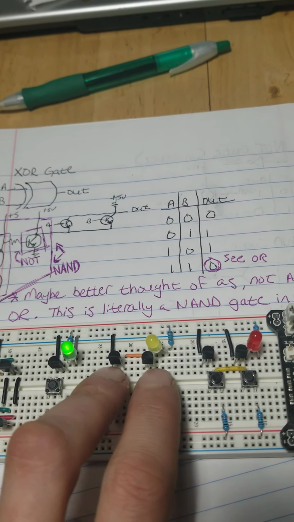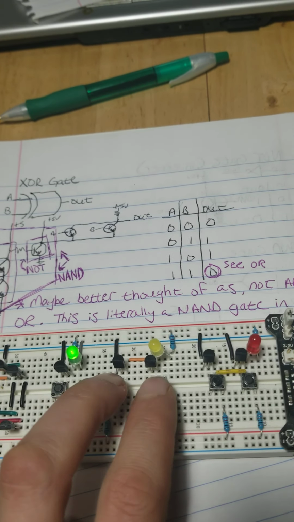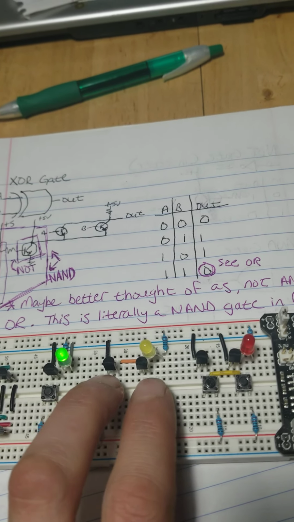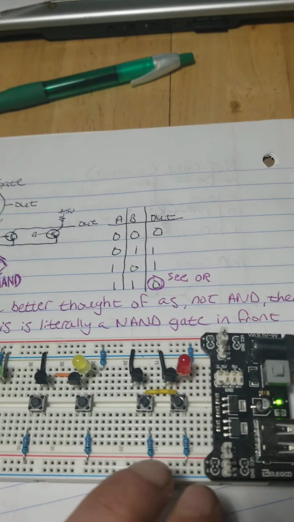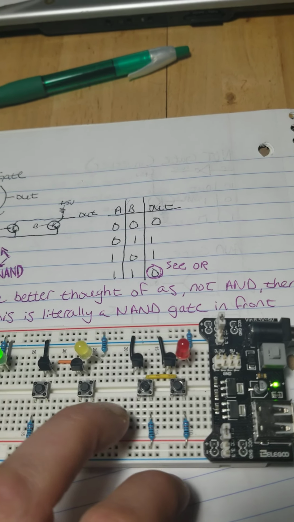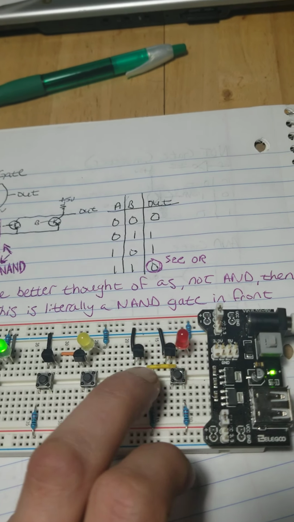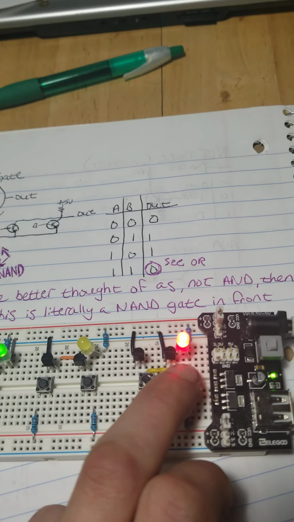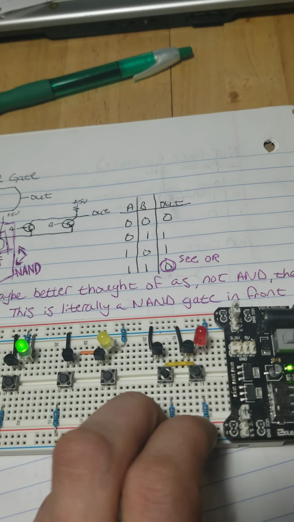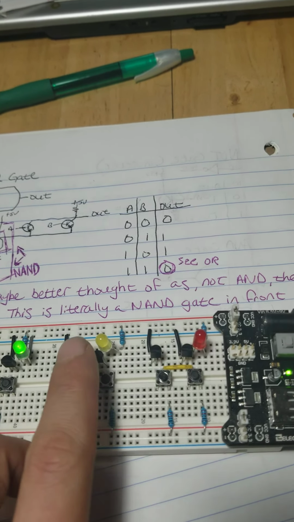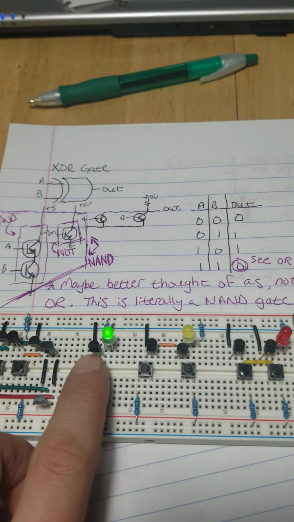Press them both, A and B, then we get an output of 1. Anything else gives us a 0, off. This one is an OR gate. If I press A, it lights up, or B, it lights up, or both, it lights up. So this is an OR gate, AND gate, and our NOT gate, or inverter.